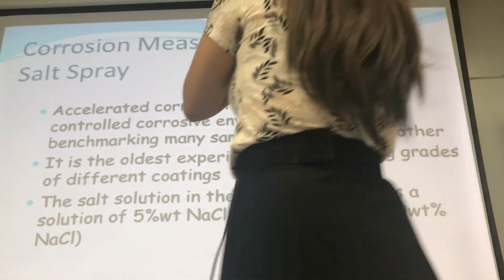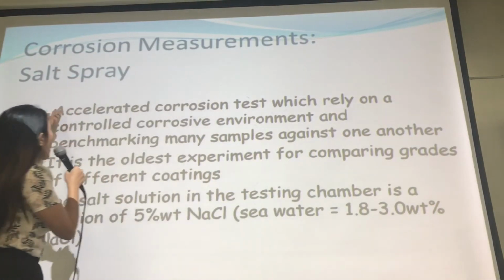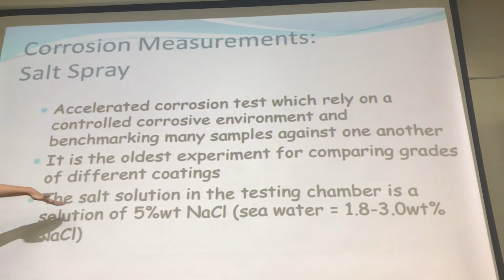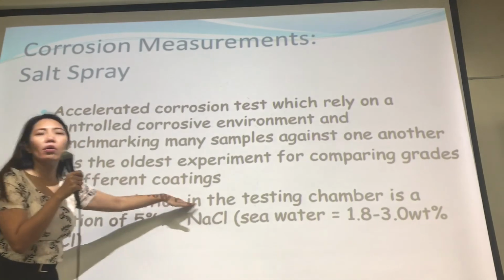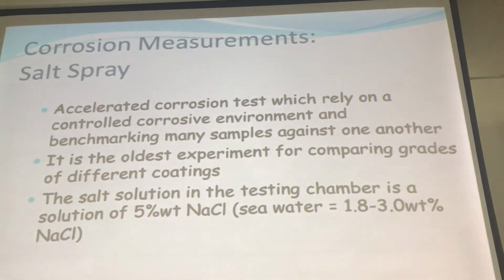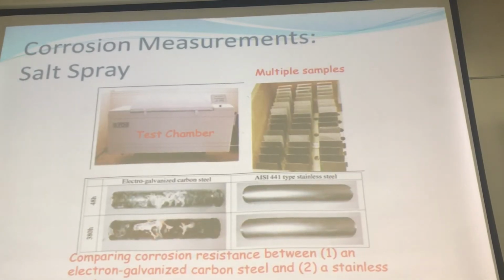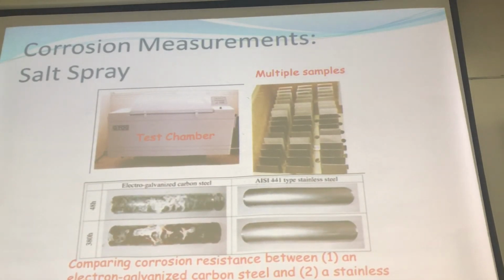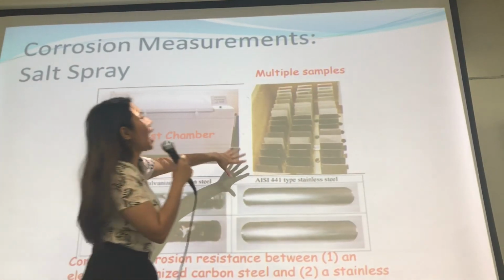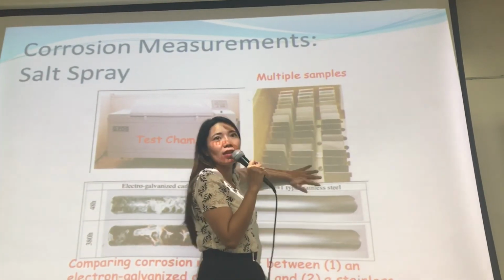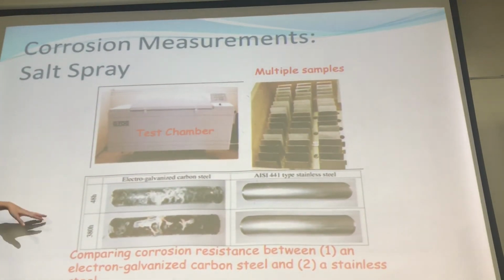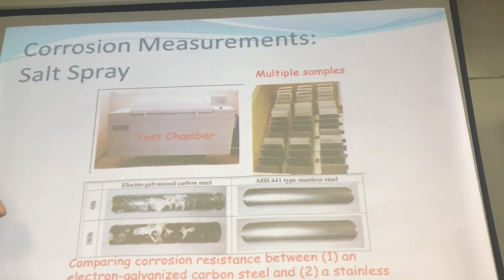The salt spray is to isolate the corrosion, and the solution is controlled. We put the samples into the test chamber, control the conditions, put a lot of samples inside, and spray the salt into it.